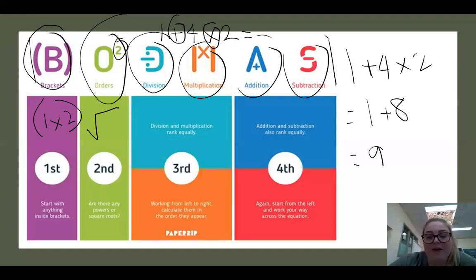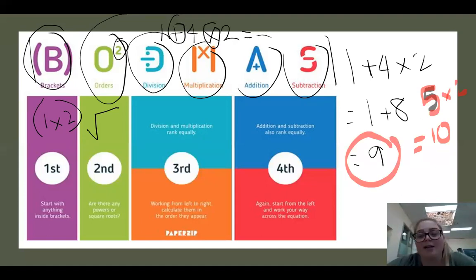But if I did it the other way, we're going to do it in red because that's wrong. We are going to have 5 times 2, which equals 10. And that's not the right answer. Our right answer is 9.